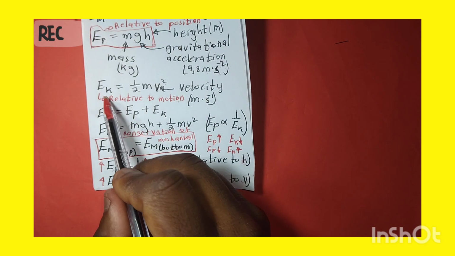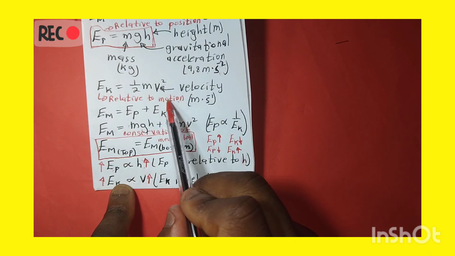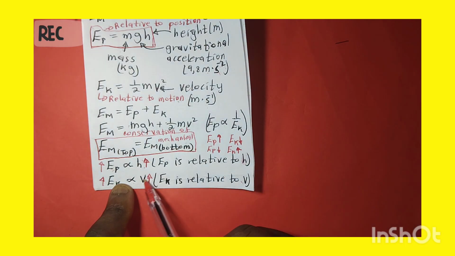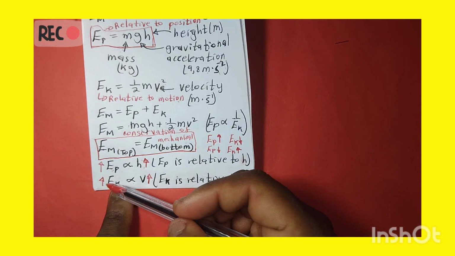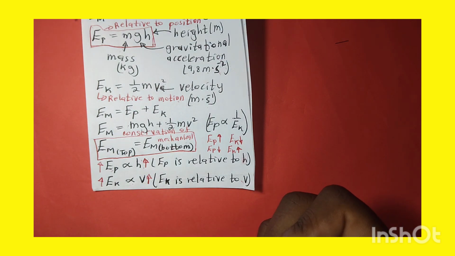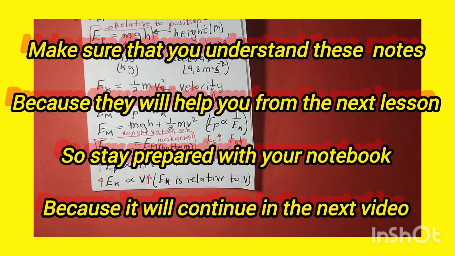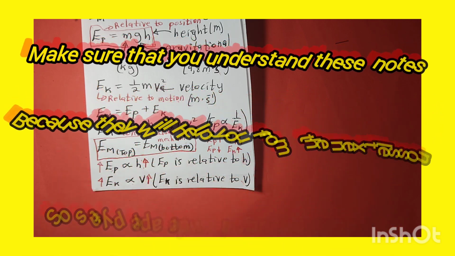That's why I told you that EK there is relative to motion, meaning it's relative to movement. And that movement will be caused by what? By velocity there. Do you see this thing? Yeah. So this EK, guys, depends on what? On velocity there. Please take note of that. Yeah. So I think now I can just go straight to the questions.